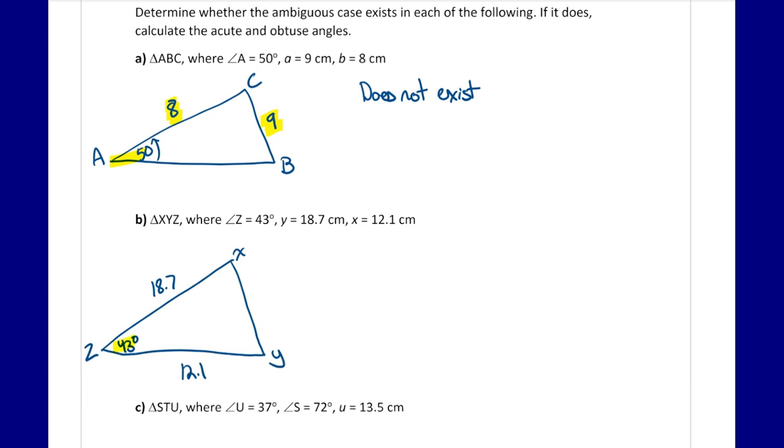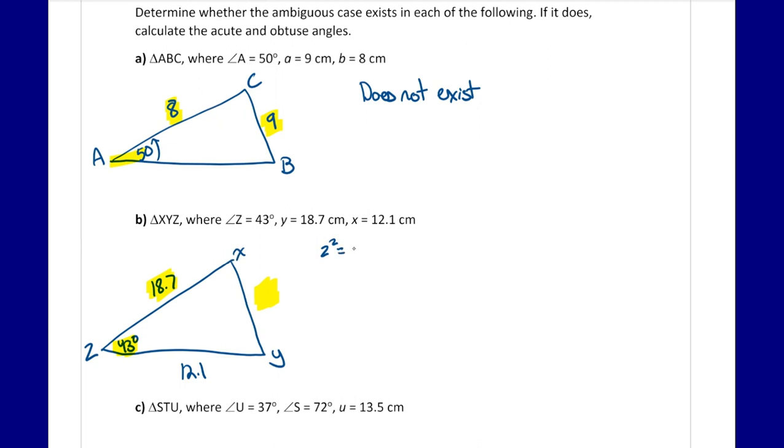Now, I have an angle. I have the adjacent side. I don't have the opposite side. And even if I switch these two around, I still wouldn't have the opposite side. So let's go through and calculate. I do have a sandwiched angle, so that should tell us that we're using cosine law to find z squared.